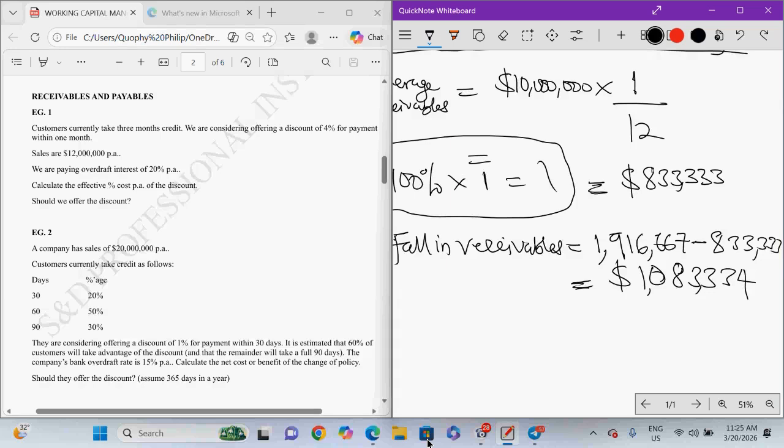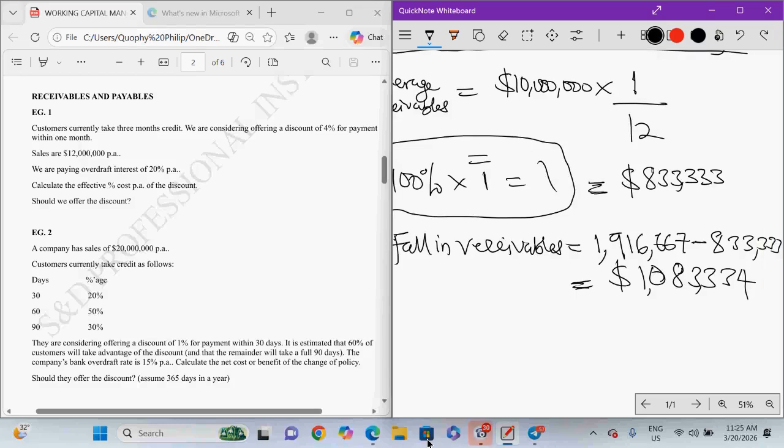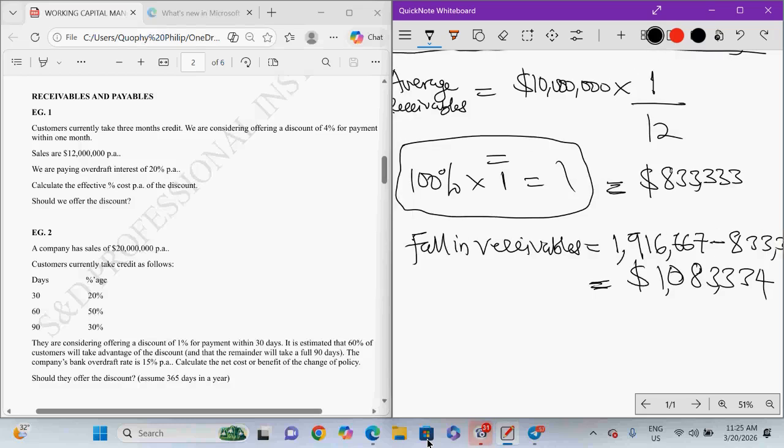So looking at this, the fall in the receivable, is it a good thing? Is the fall in the receivable a positive thing? Yes. It's a good thing.